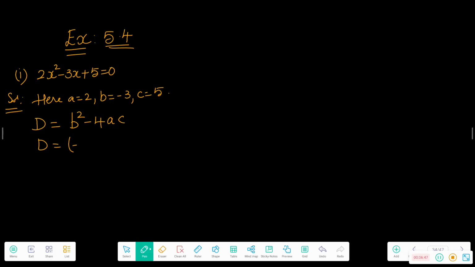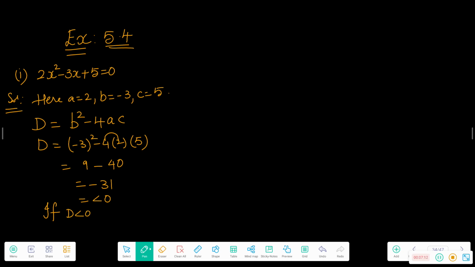Now let us find d. b square is minus 3 whole square minus 4 into 2 into 5, c value is 5. So 3 square is 9 minus, 4 times 2 is 8, 8 times 5 is 40. So 9 minus 40 is minus 31, and minus 31 is less than 0.